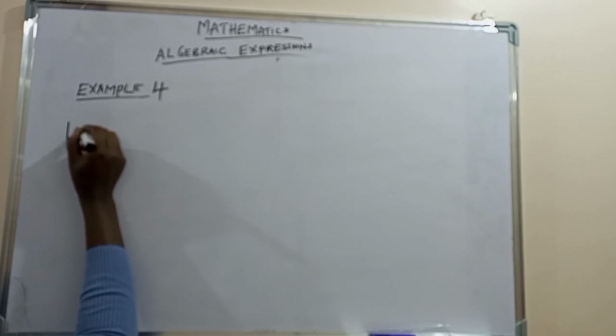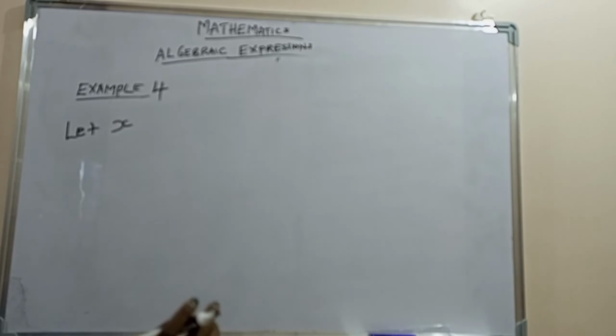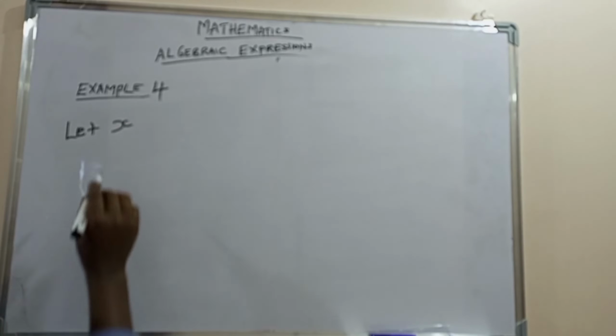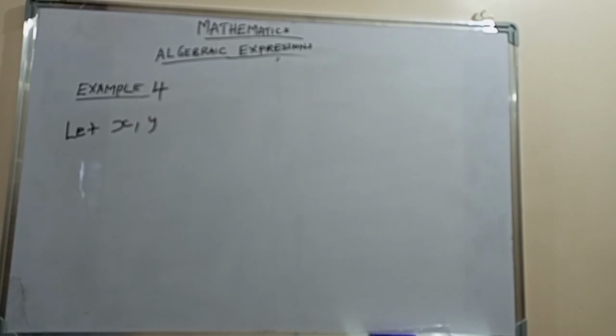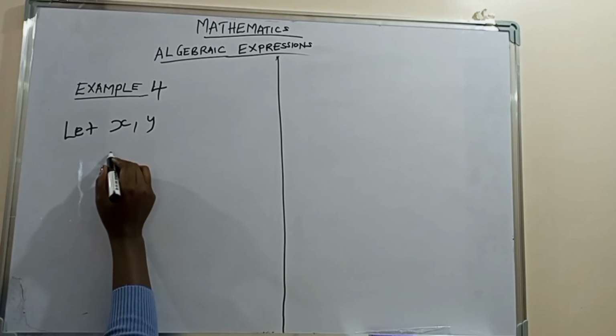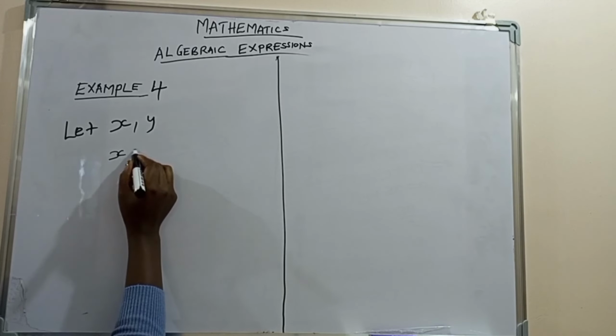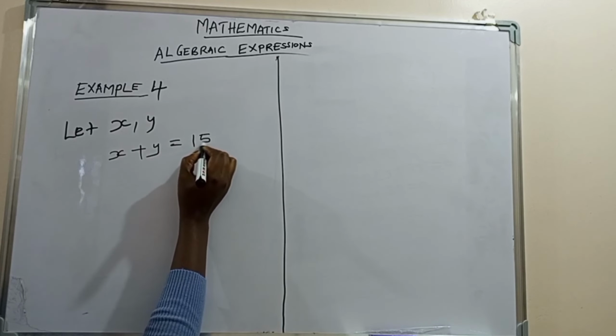Let x be the first number and y be the second number. So the sum of the two numbers will give us 15. So it's x plus y to give us 15.